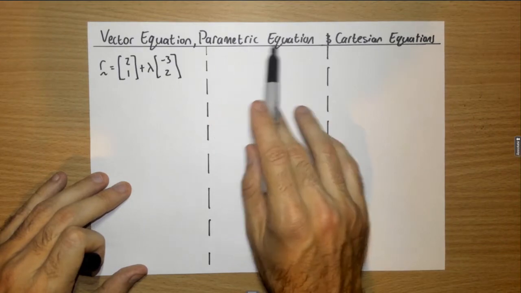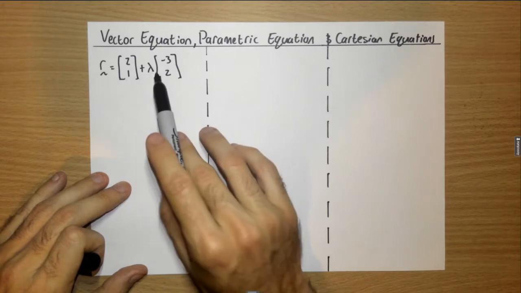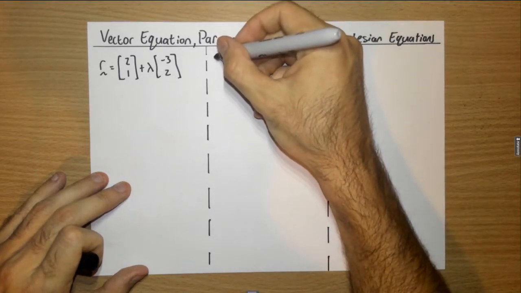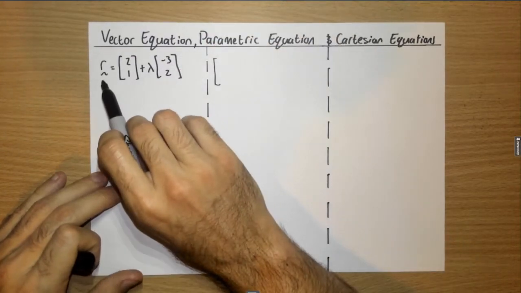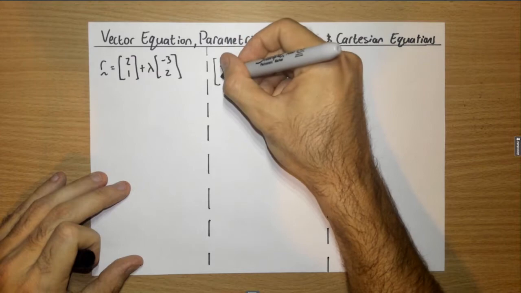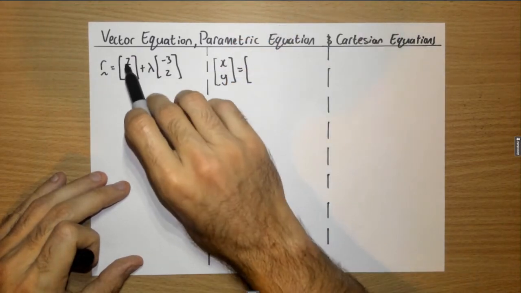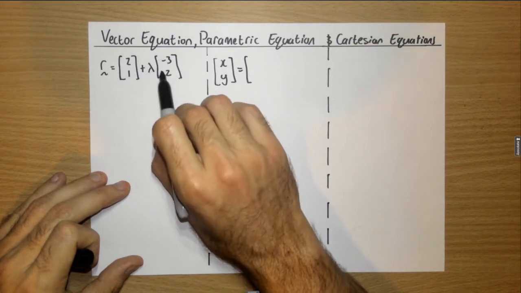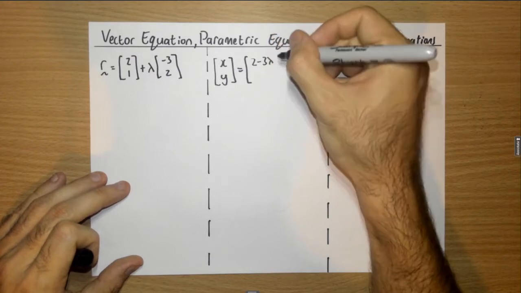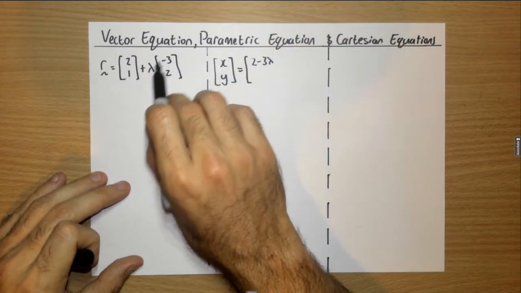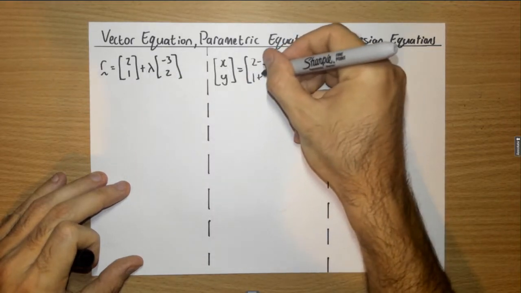Now, the parametric equation isn't too bad because it's not too dissimilar to the vector equation. For the parametric equations, we know that this position vector r has an x component and a y component, and I'm going to combine the x terms and the y terms in their respective rows. So 2 minus 3 lambda, and for the y component we have 1 plus 2 lambda.